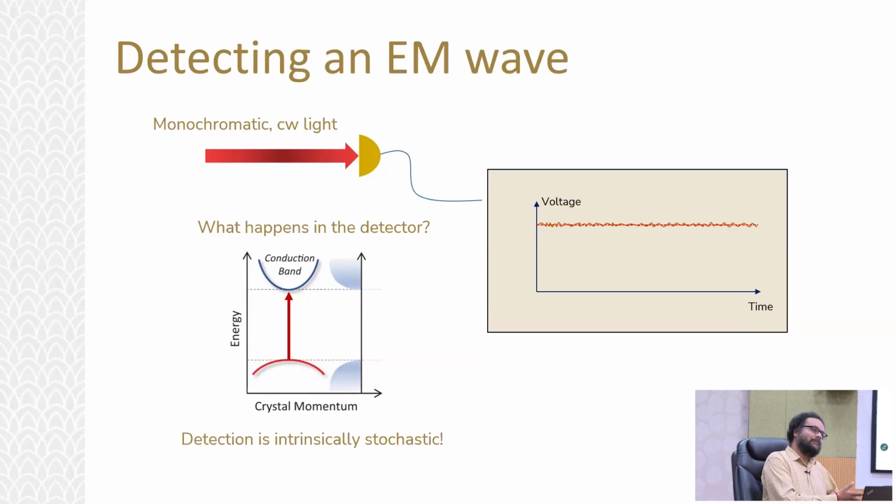Either because absorption is not efficient, or because whatever you generate is not collected as a photocurrent or measured as a photovoltage, because there are recombination events happening simultaneously where your signal is lost. So it is not unreasonable to say detection has intrinsic stochasticity in it, intrinsic noise to it, because of whatever processes are happening in the background.